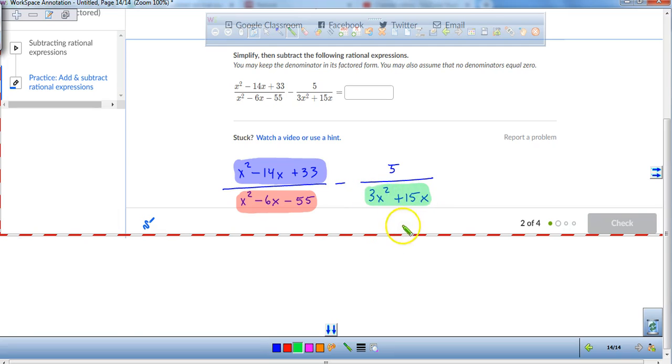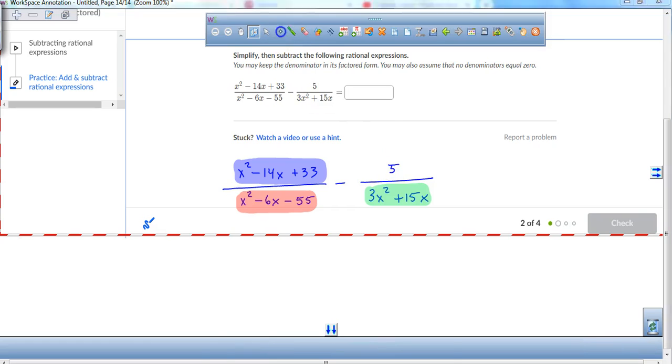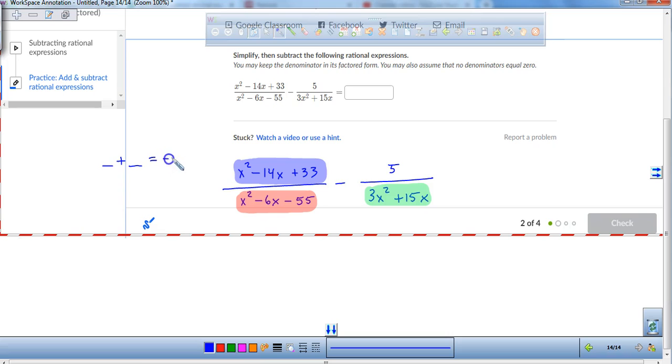Alright, so we're going to factor each of these individually. So, in blue right now, this one's pretty easy. We've got to look for 2 numbers that add up together to equal negative 14, but those exact same 2 numbers multiply together to equal a positive 33.